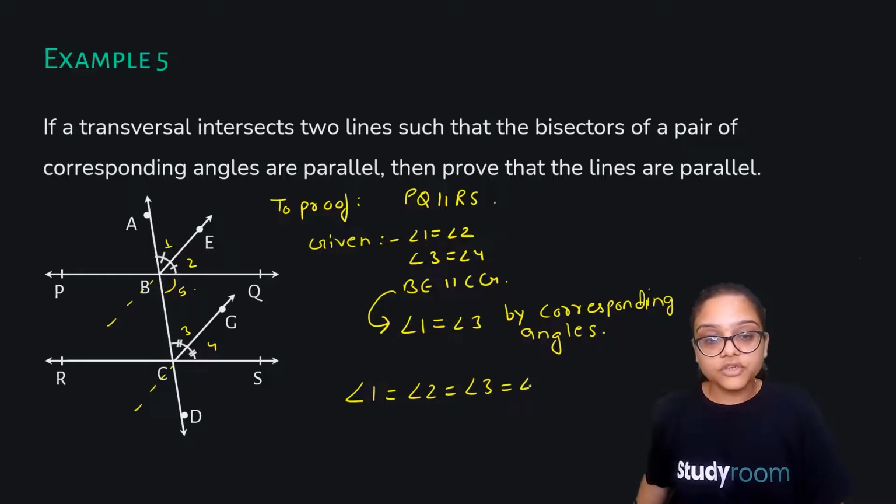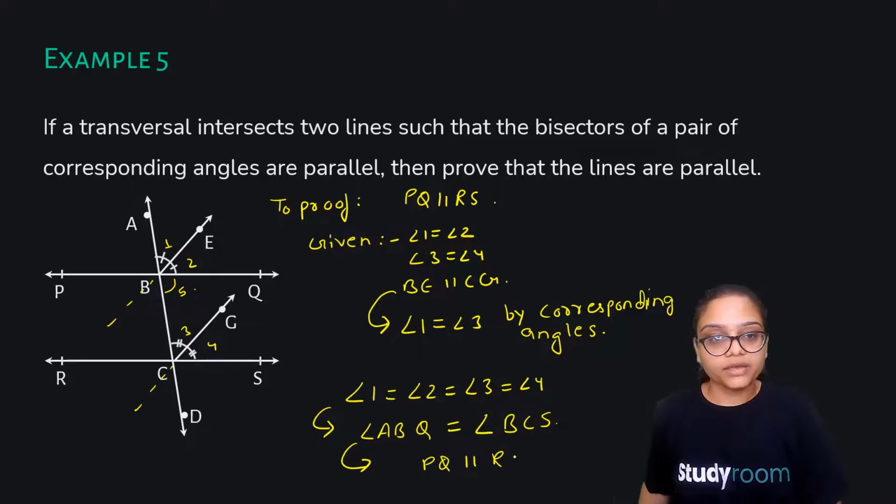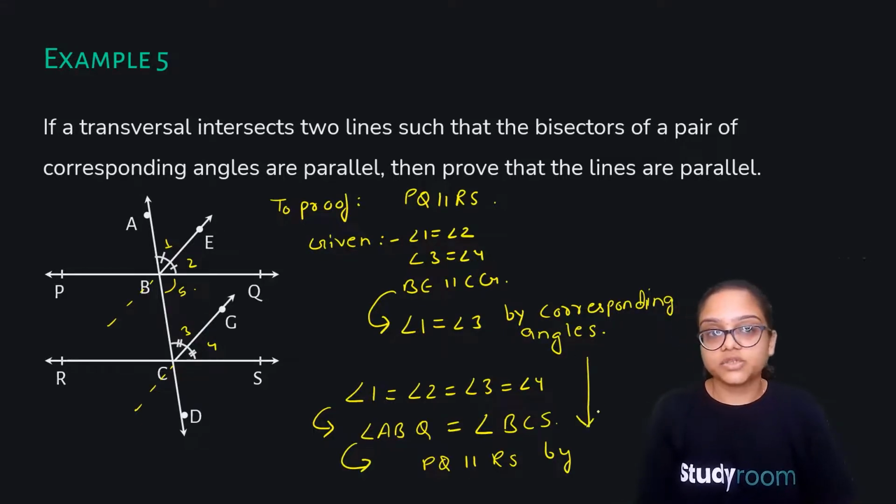This implies that angle ABQ is equal to angle BCS, and this implies that PQ is parallel to RS, because these are corresponding angles, by the converse. I hope the solution is clear to you.